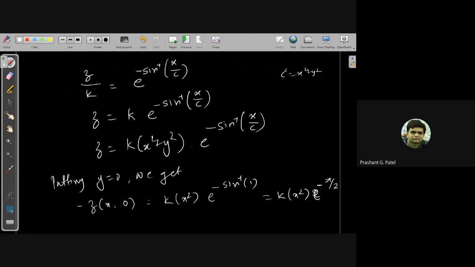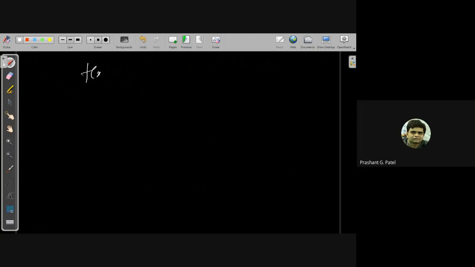And this value is fx. So we have fx is equal to k x square e power minus pi by 2. Ultimately, I want to calculate what is the k function.